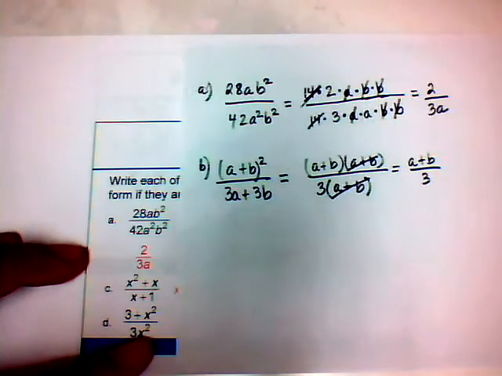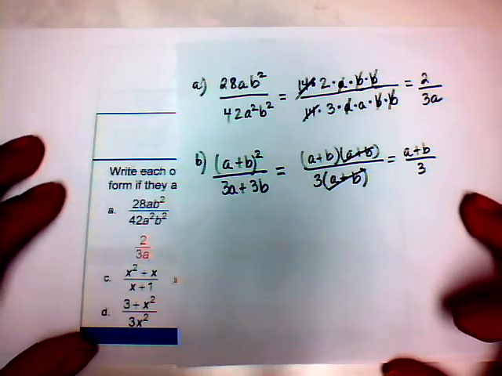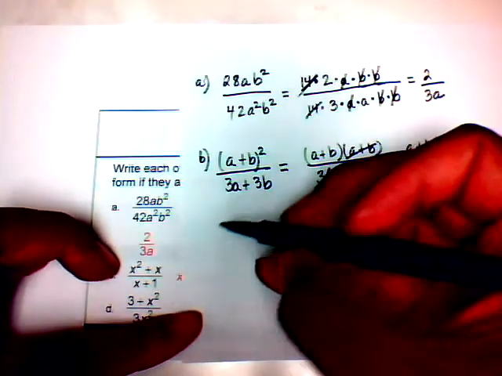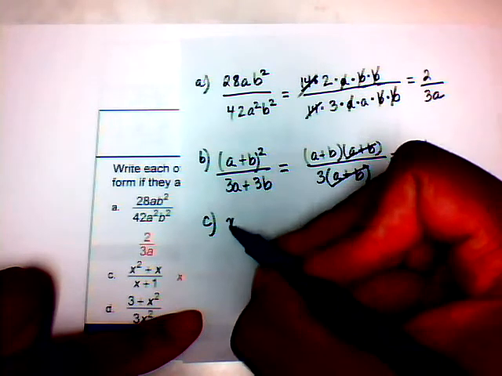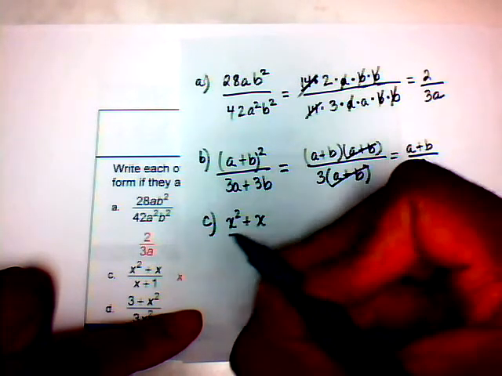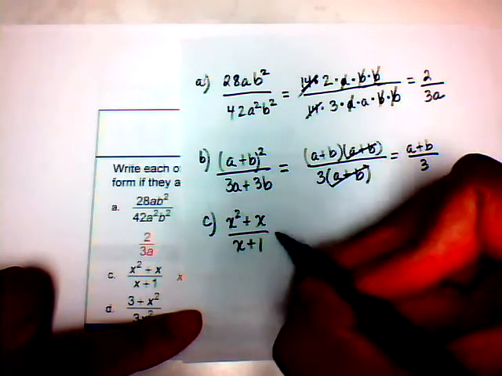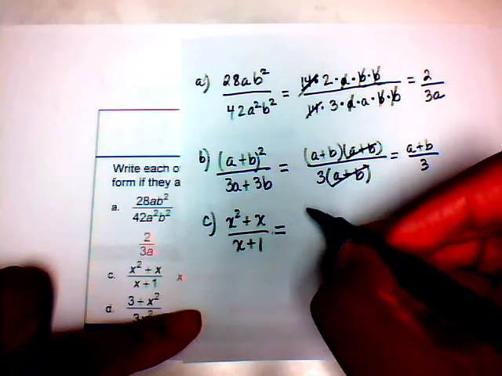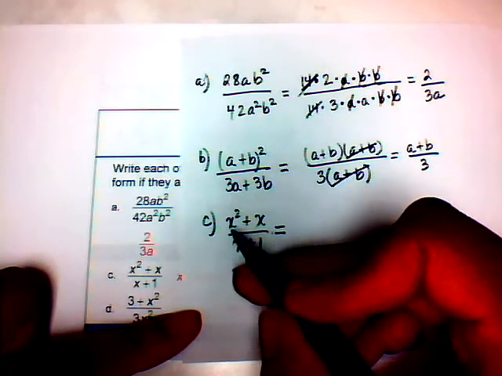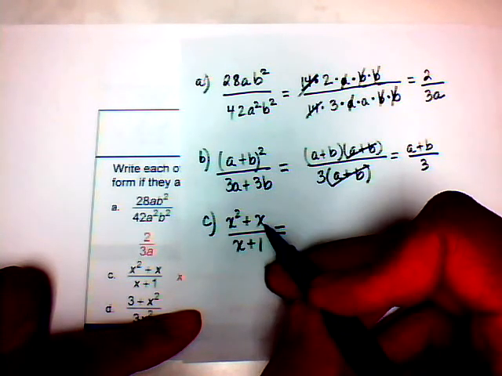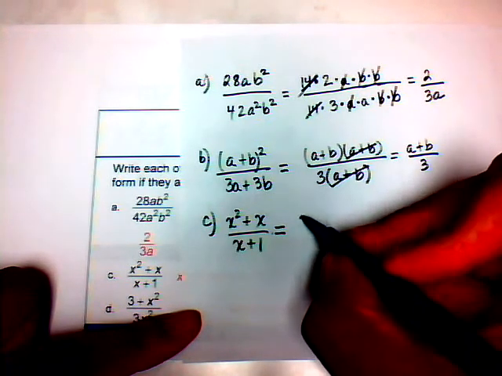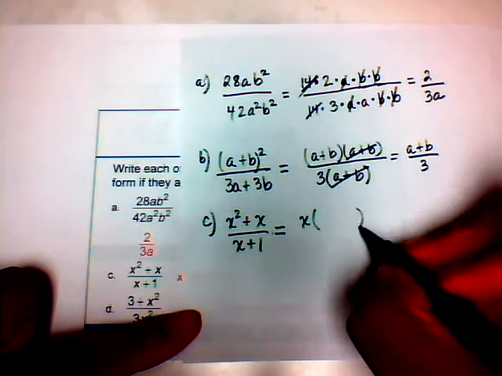Okay, let's look at part C. x squared plus x divided by x plus 1. In this case, in the x squared and x, the common factor is x. So I'm going to pull out an x as my common factor.